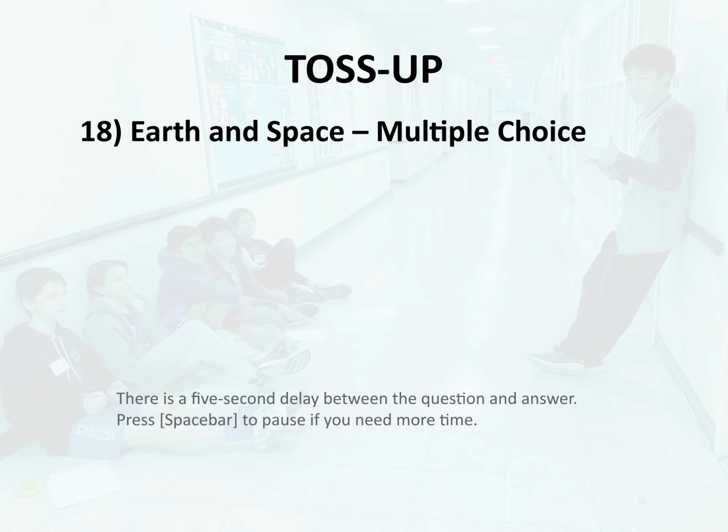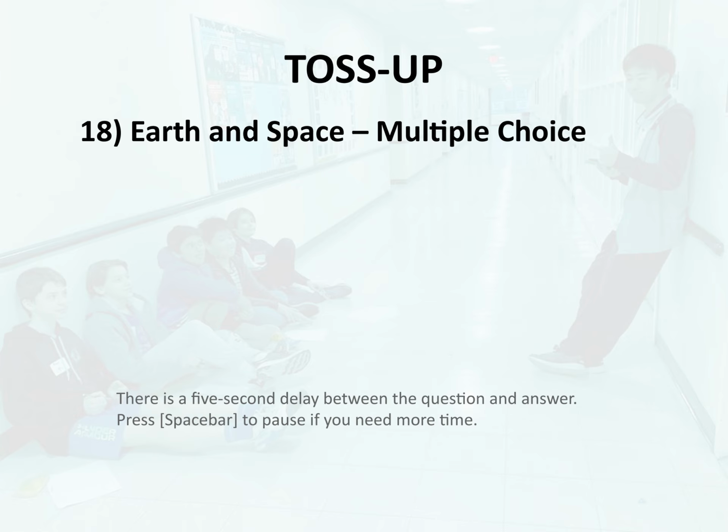Toss-up 18. Earth and space, multiple choice. Which of the following best explains why the sun never sets in northern Finland in midsummer? W. Because it is always sunny in summer in Finland. X. Because when it is summer in Finland it is winter in Africa.